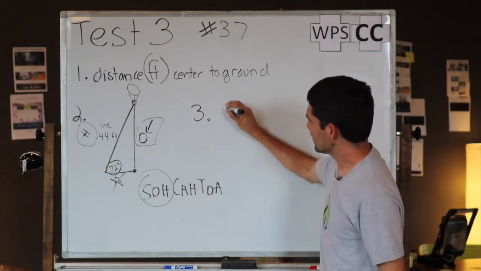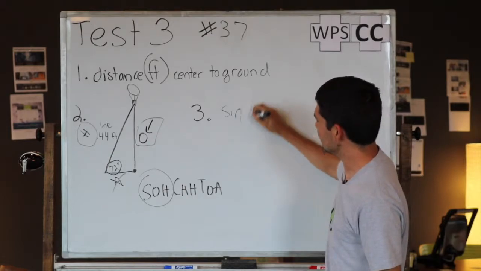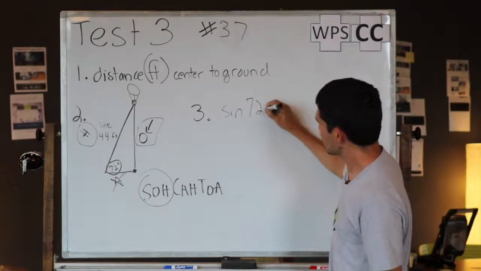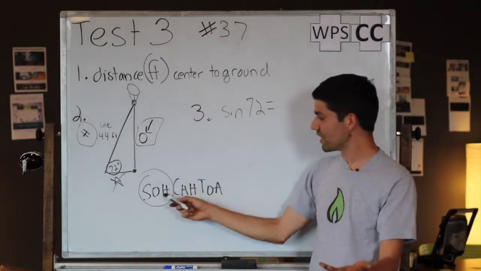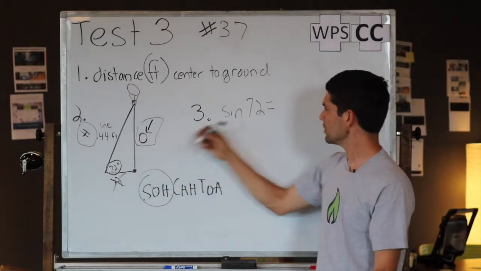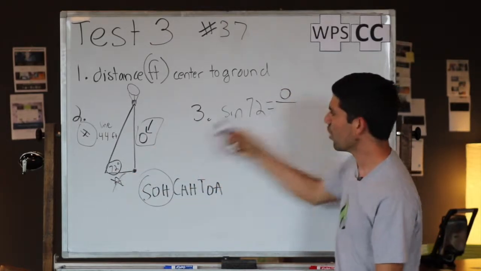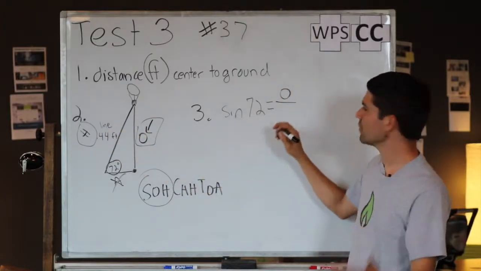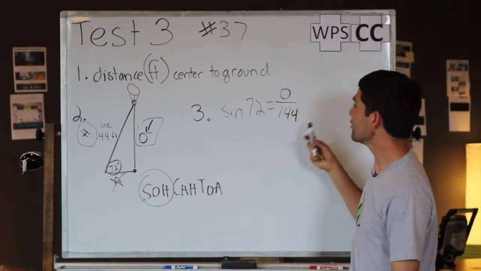So that means sine of 72 is equal to the opposite, which is what we're looking for, over the hypotenuse, which we know is 144 feet.